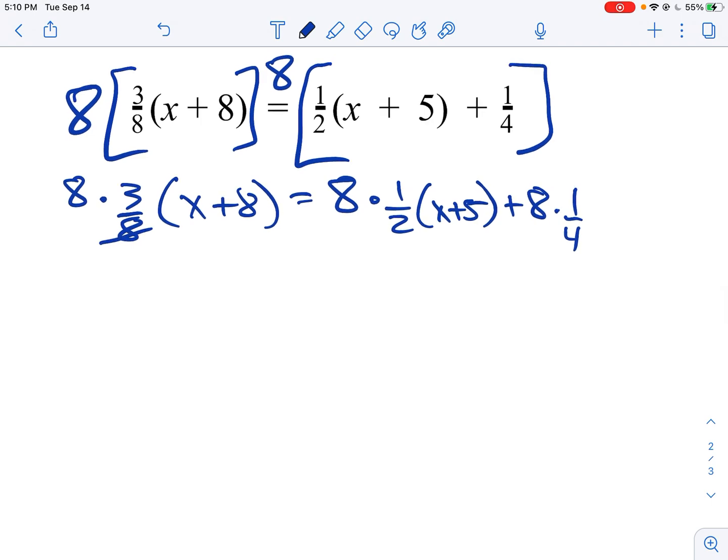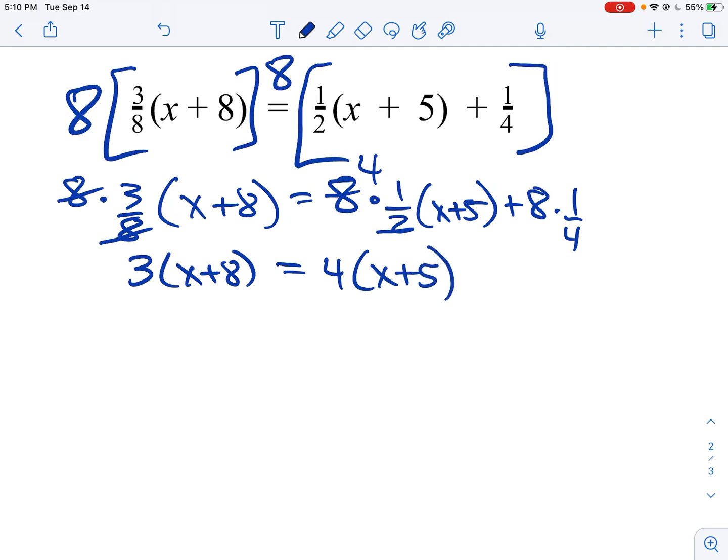When I do this, these 8's cancel, so I'm left with 3 parentheses x plus 8. 2 goes into 8 4 times, so I'm left with 4 parentheses x plus 5. Plus 4 goes into this twice, so that's 2.